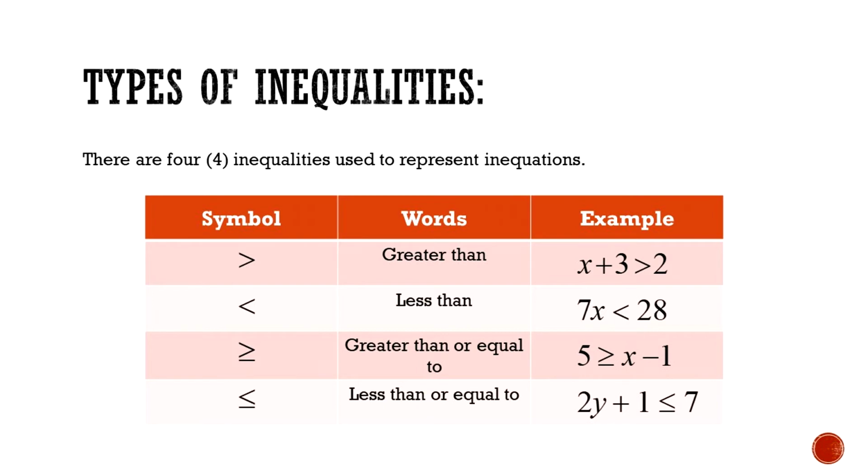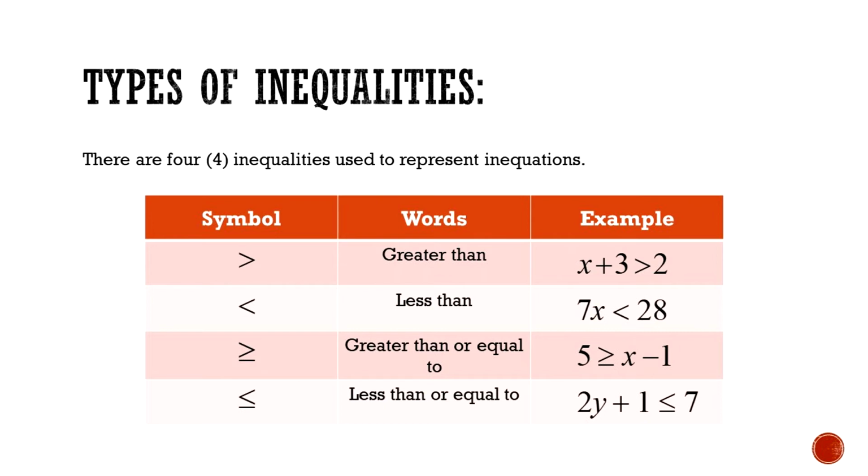We then move on to the less than symbol. Our example reads, 7x is less than 28. The closed end points to the smaller side. So again, 7x is less than 28. We then have the greater than or equal to symbol.